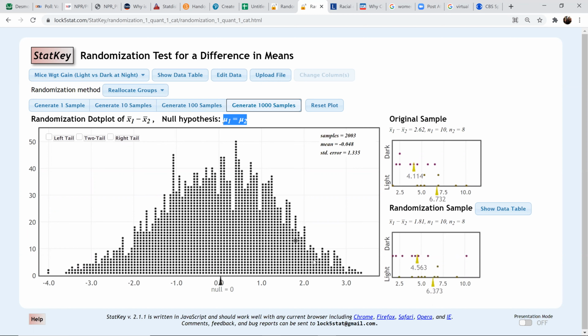Is it unusual to get something way out here like our original data was, which is a difference of 2.62? Is it unusual to get something way out there? Or could that happen easily by chance? Could it easily happen by chance that I get these results?